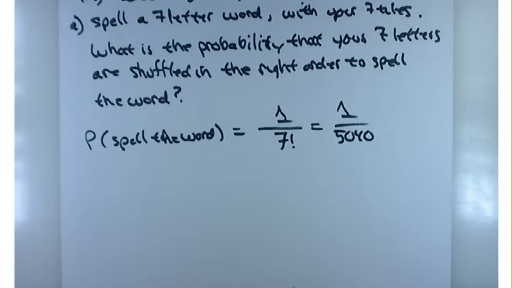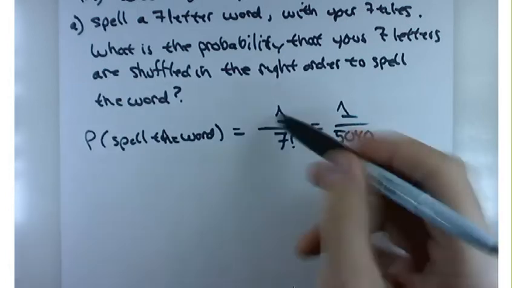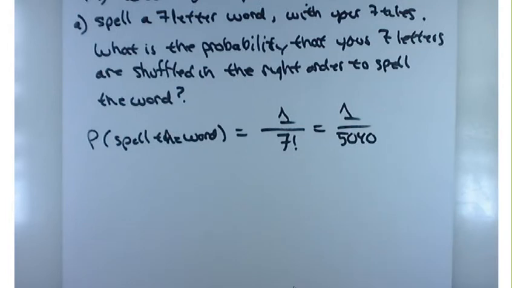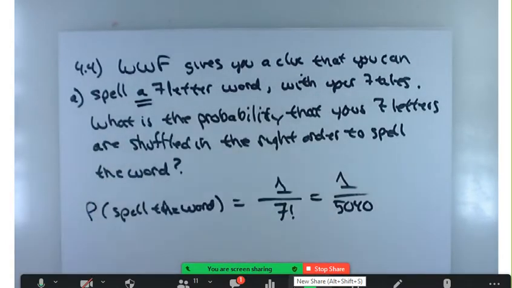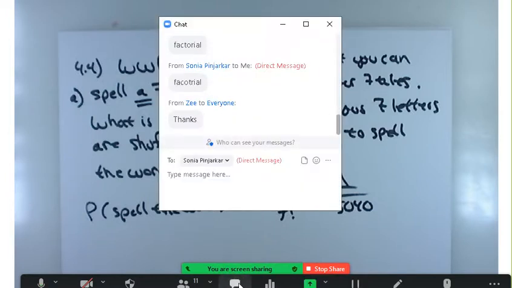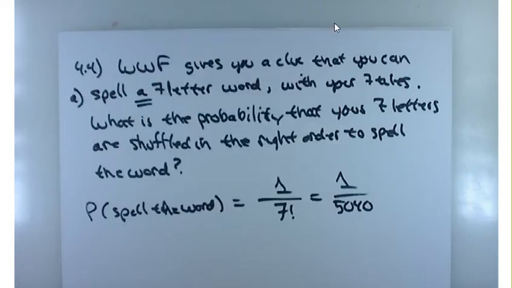Well, if that was the case, then your numerator would be 2, 3, or 4, etc., depending on how many words there are that you could spell with those same 7 letters. That's why I was careful to say that you can spell a 7-letter word. So meaning one 7-letter word. So does that help out? Okay.